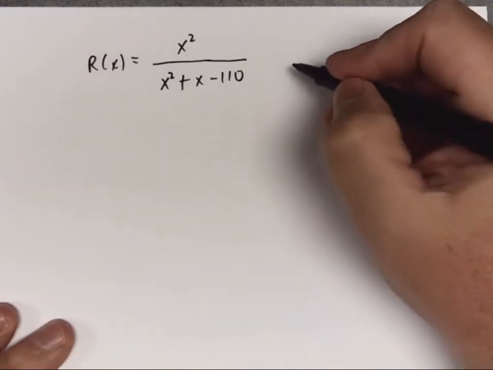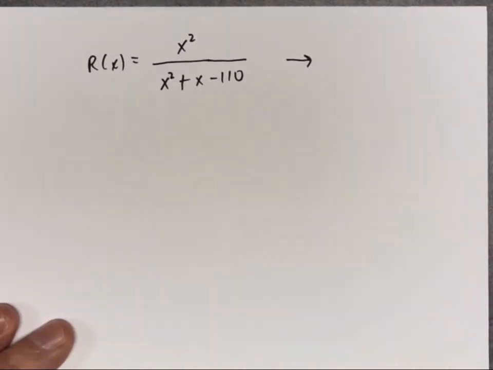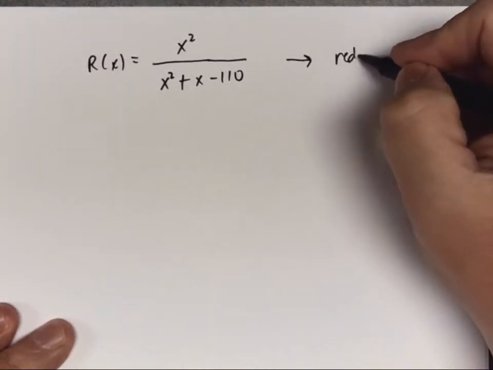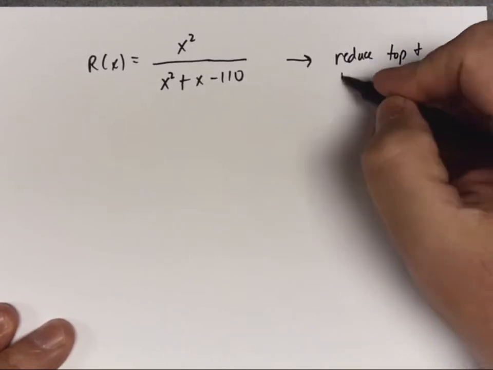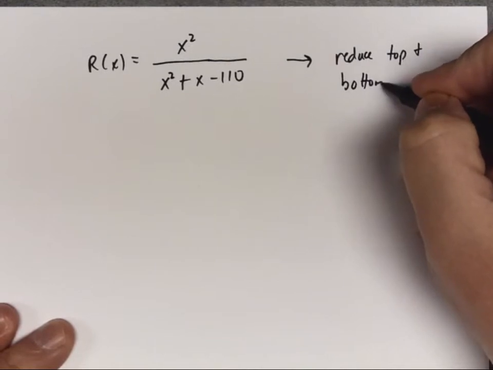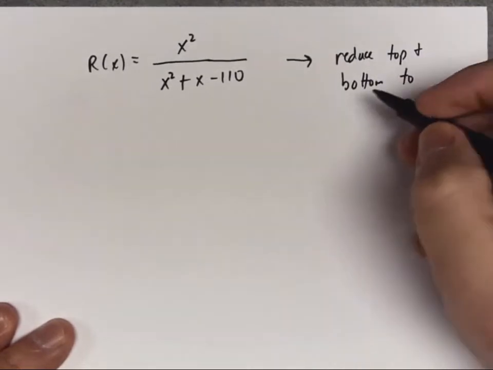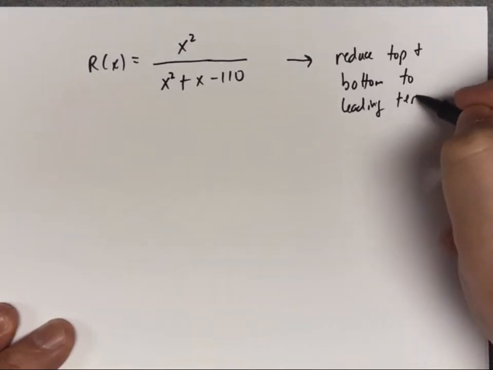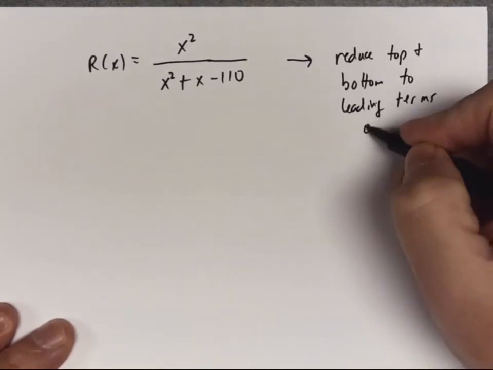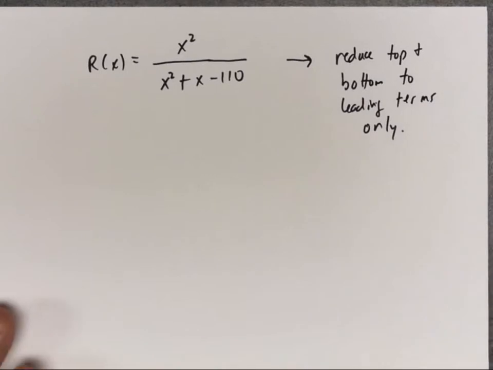The first thing I'm going to do, we talked about this before, is reduce top and bottom to leading terms only. Remember I talked about leading terms? Leading terms means when you have a polynomial, it's the term with the largest exponent on the variable.